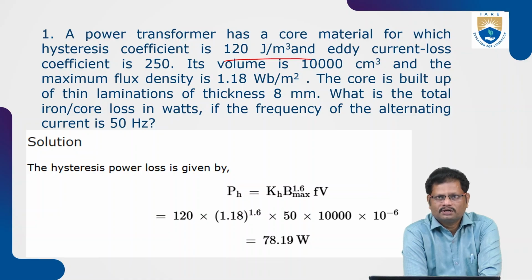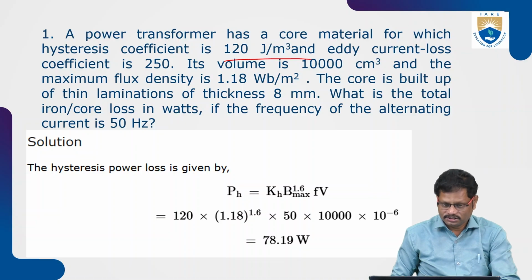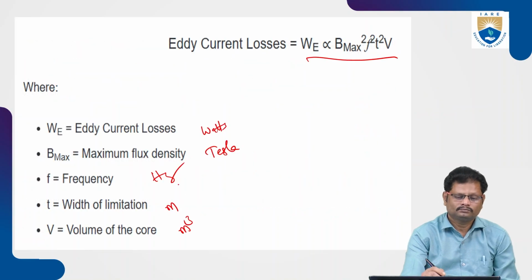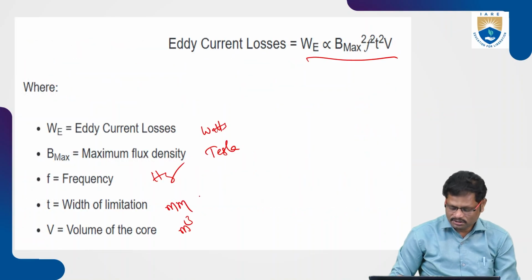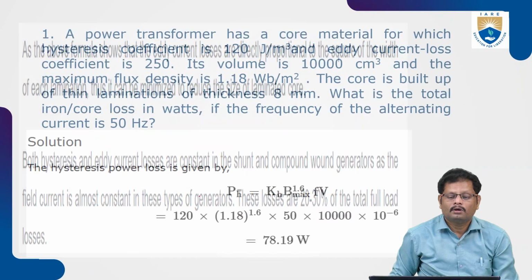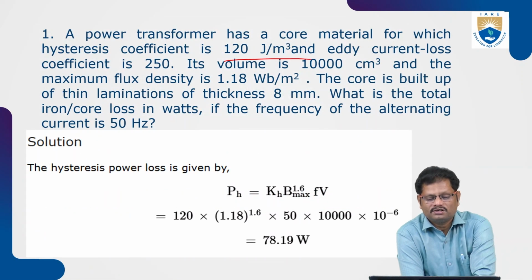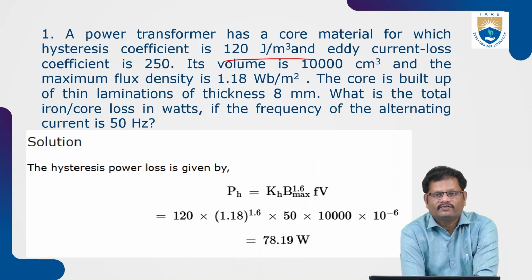We also call it Tesla. The core is built up of thin laminations of thickness 8 millimeters. What is the total iron or core loss in watts, if the frequency of the alternating current is 50 Hz?